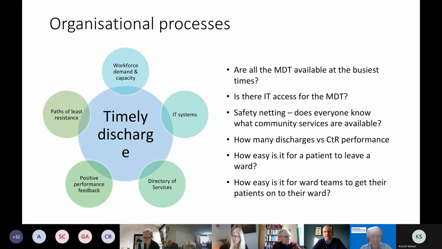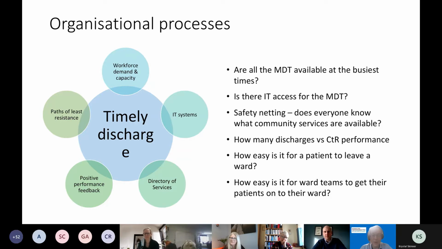One of the key things that we want to explore today is a directory of services. We on this call, I suspect, are pretty familiar with a lot of the services that are available in the community, alternative models of care or provisions of care, I should say.